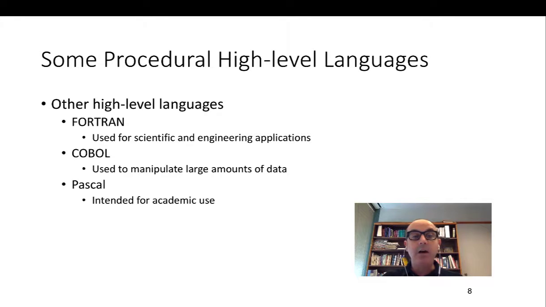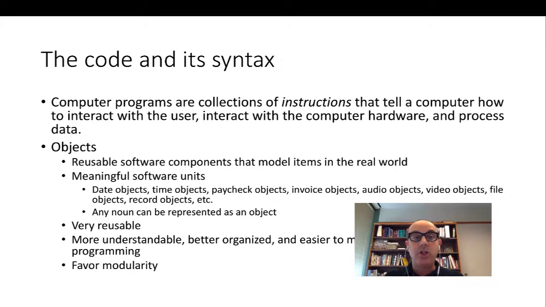So for high level, we have Fortran, COBOL, and Pascal. All of them are old languages, but they are the structure of any programming language. One of the things that we need to remember, and I hope that some of you already took Dr. Sullivan's class, is the idea of objects.